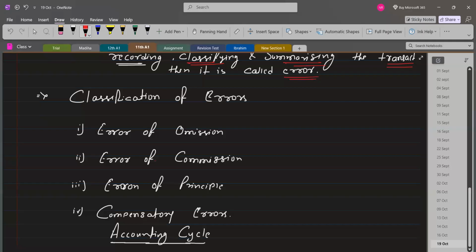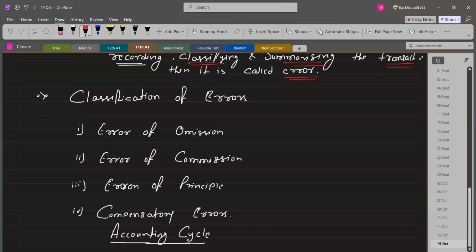Error of principle means an error which is related to rules of accountancy. Any expense which is to be added in the assets account is written as expenditure. Any expenditure which is to be written off in the profit and loss account is added to assets. So these are the errors.